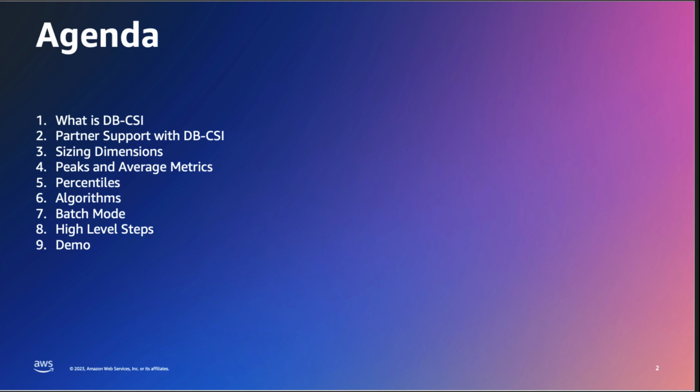Let's take a look at the agenda for today. We will first start with what is DBCSI and what is the basic intention of this tool. Next, we will talk about how the partner support is done with the DBCSI. We will talk about a few of the sizing dimensions that are used to collect the data from the source Oracle database.